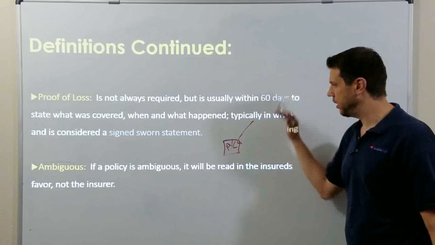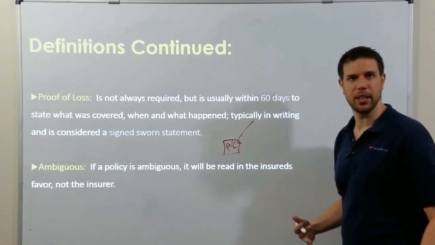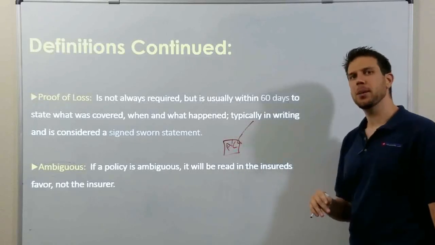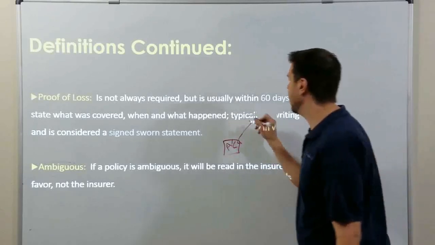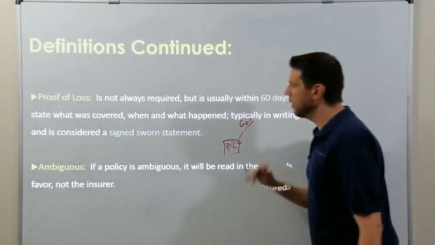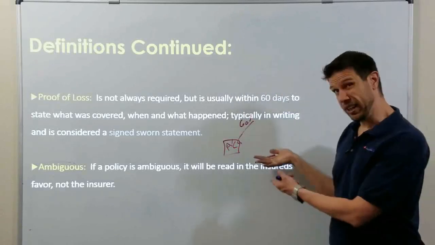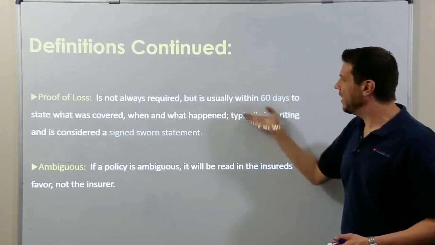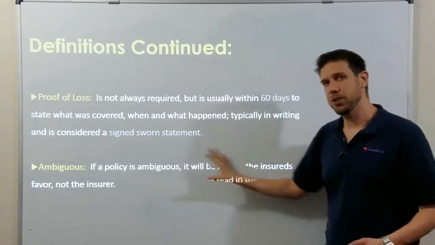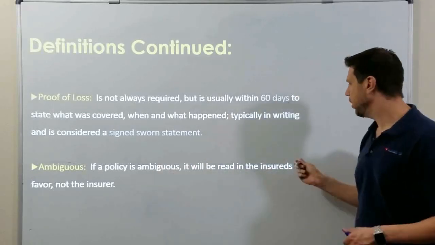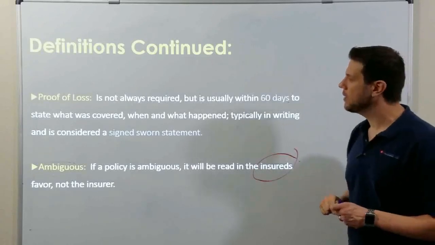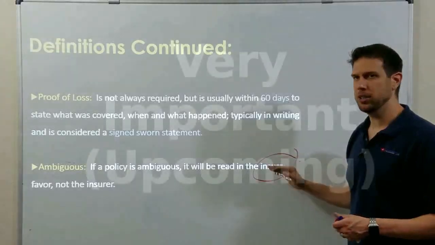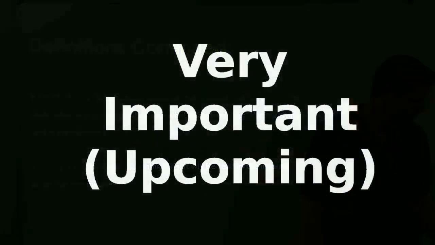He filed a claim, said lightning struck my air conditioning unit, lightning's a covered peril, I'd like to be paid. His insurance company said, no, that's an act of God. And the guy said, no, that's lightning. Since there is an ambiguous statement, you can't define that. They went to court and the insured won. If a policy has an ambiguous statement, the insured will win that lawsuit, not the insurance company.